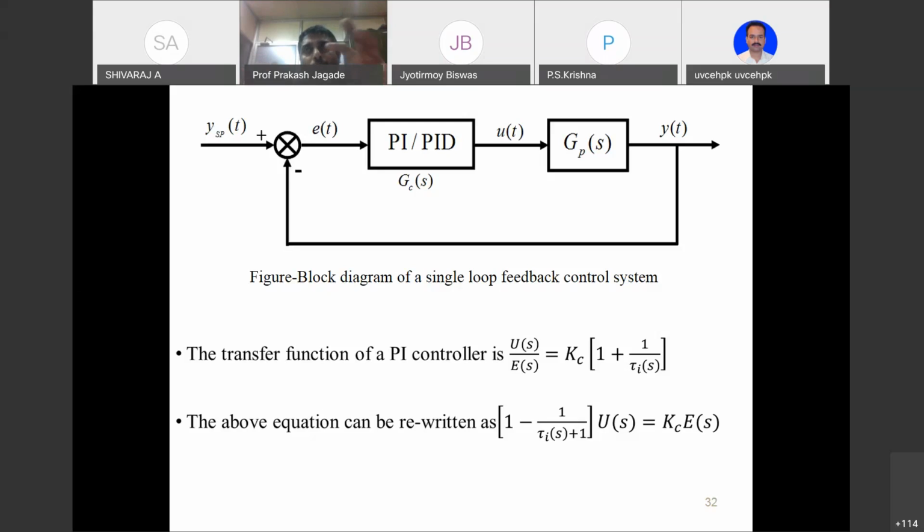Now let me explain how to design a simple model-based controller. This PID is a non-model-based controller.